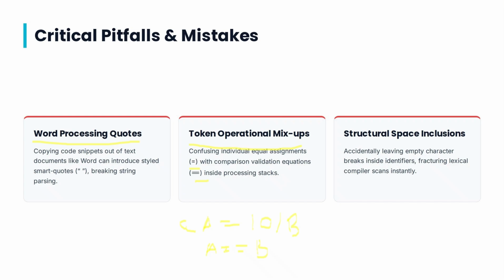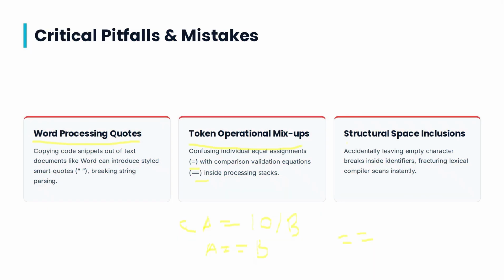When there is a single equal to, that means a value is being assigned to a. But when there is a double equal to, that means the values of a and b are being compared. Here double equal to simply means a comparison is happening between the two variables, and the result comes out in binary, in 1 and 0 format.